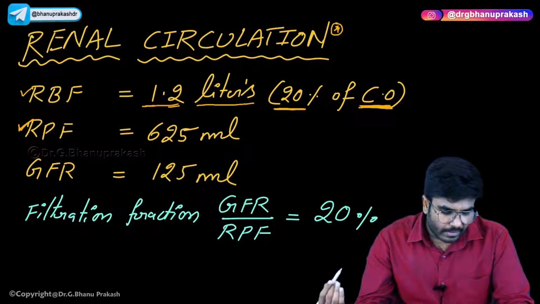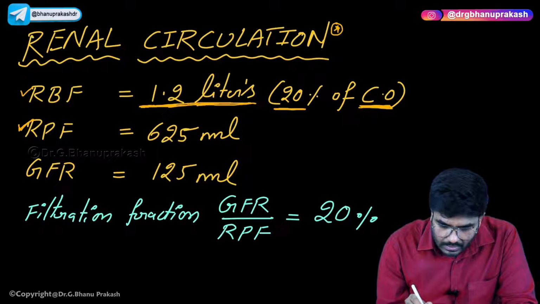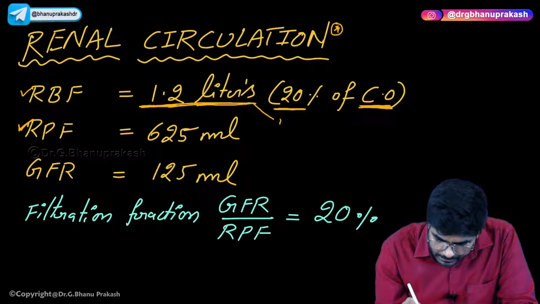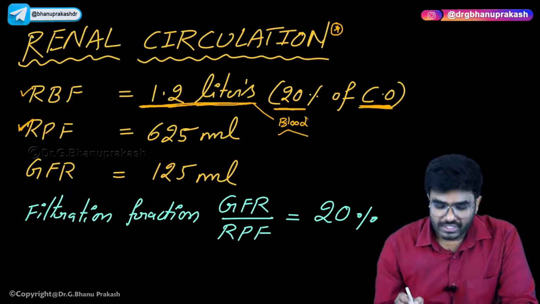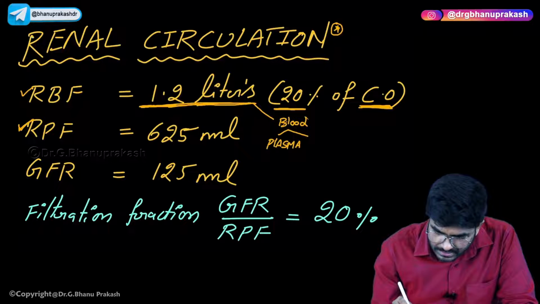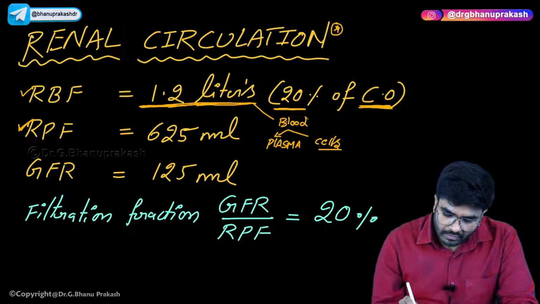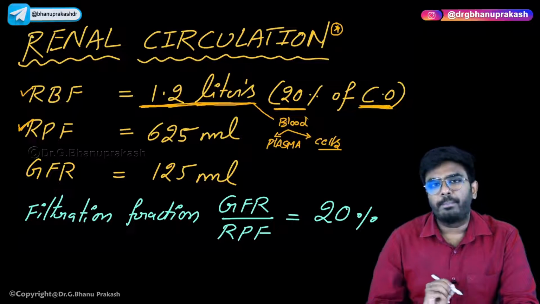Guys, please know this. Actually, this 1.2 liters is the blood. We all know that blood is nothing but a mixture of plasma and cells. The blood is a combination of plasma, the liquid component, and the packed cells.